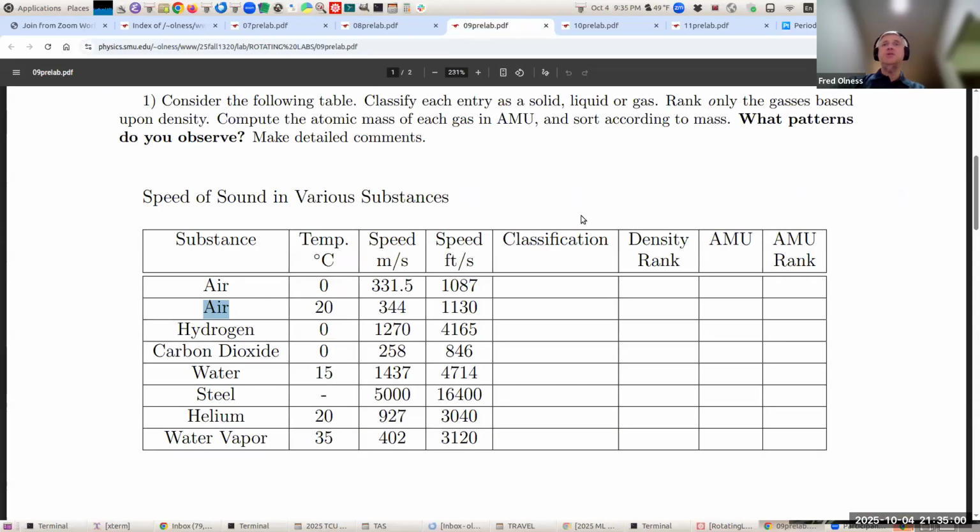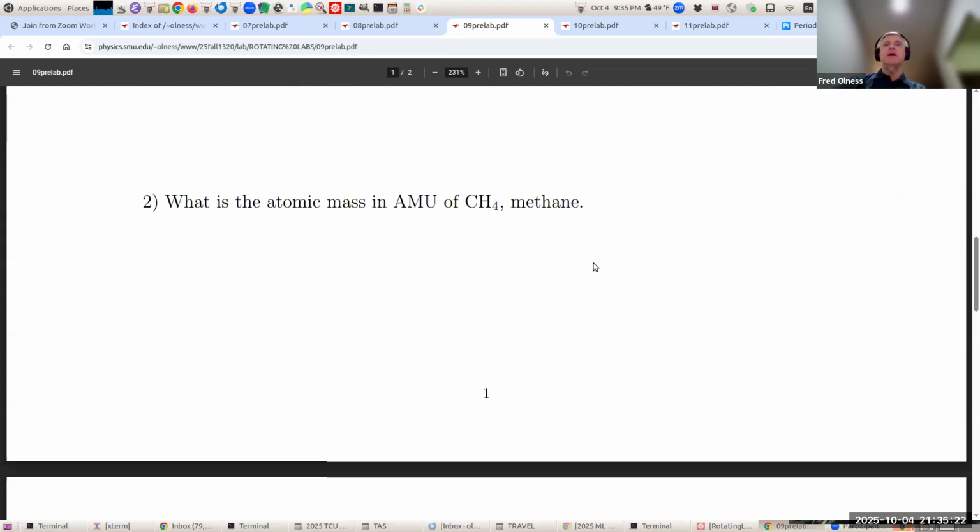And then once you have the AMU, you can rank them. So classify solid, liquid, gas, and then rank them, and you should see a pattern as you go from lighter to heavier on this AMU rank. That's what I'm looking for there.